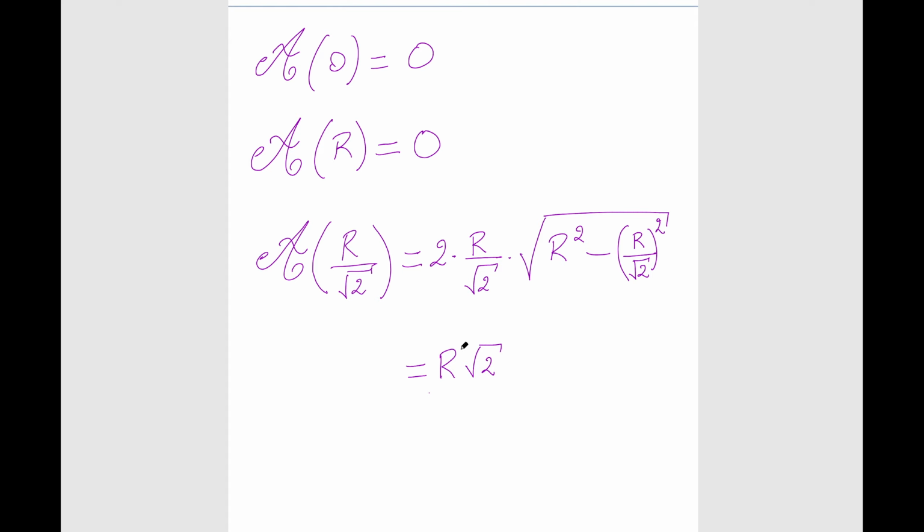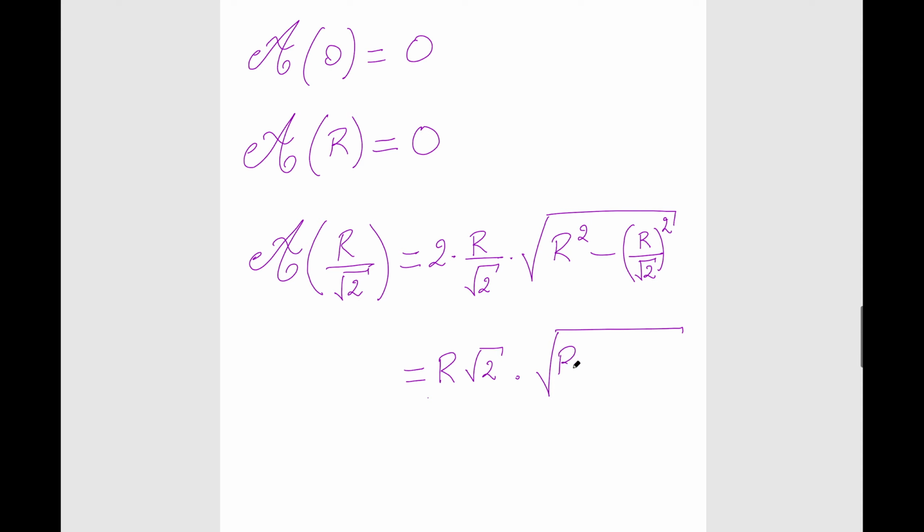So r times square root of 2 is upstairs, times square root of this guy. What's this guy? This is r squared minus r squared over 2. Agree with me? Because this guy squared is r squared over 2. All right, and r squared minus r squared over 2 is simply r squared over 2, right? So 1 minus half is half.